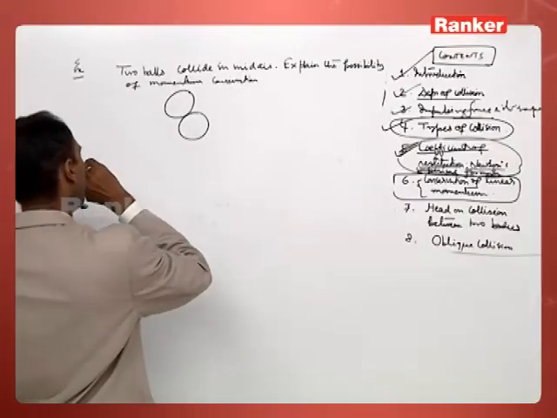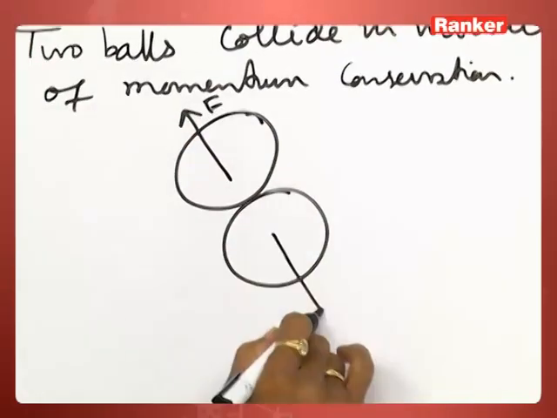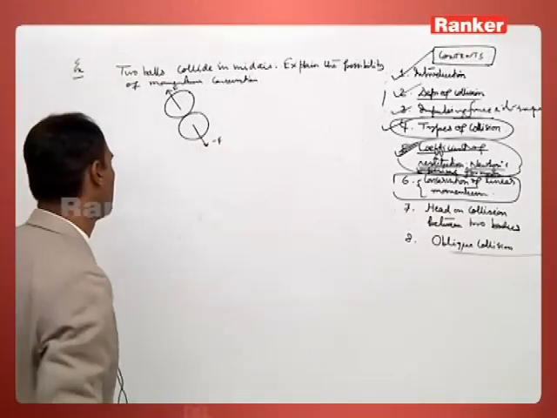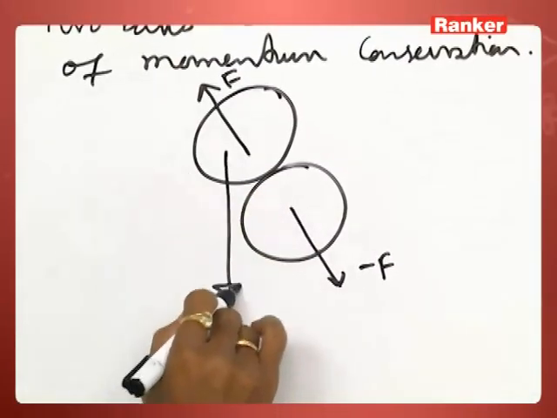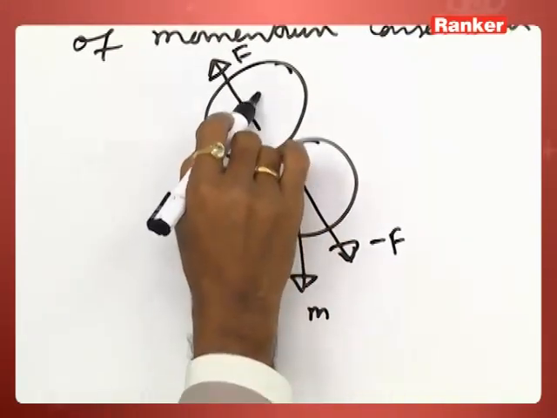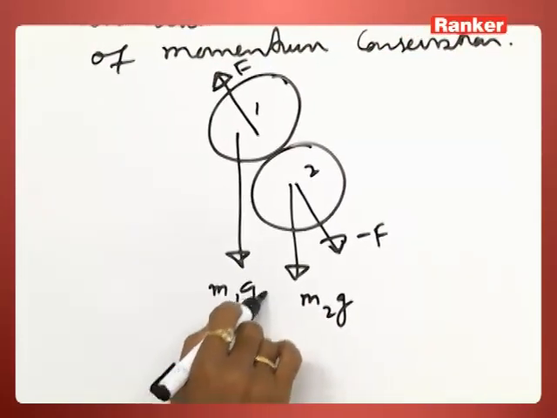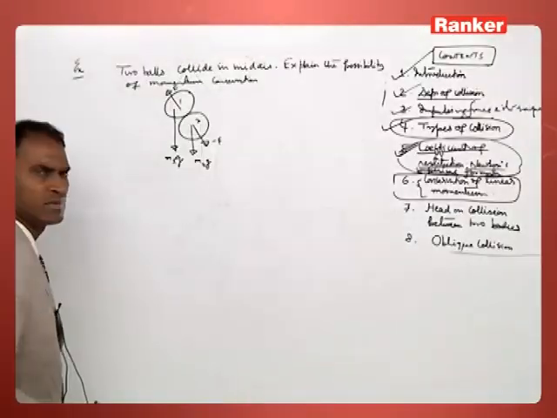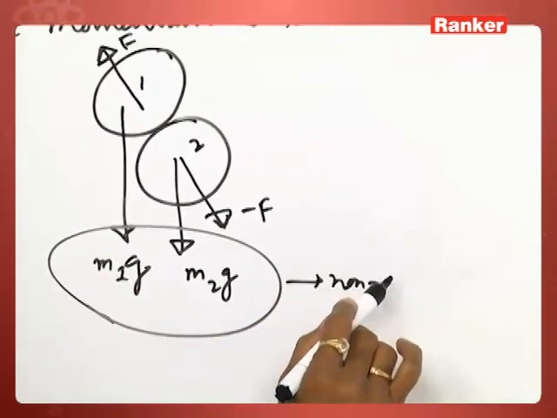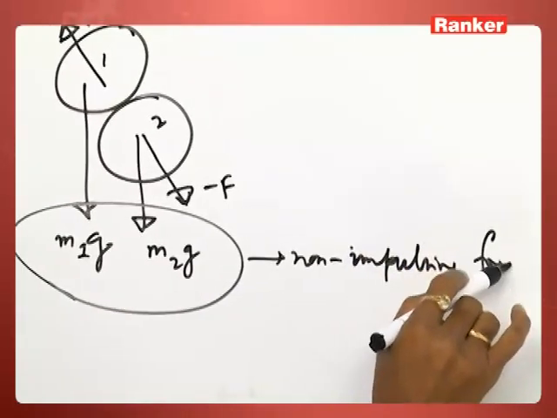When they are colliding in mid-air, the impulsive forces are equal and opposite. In addition to the impulsive forces, we have gravity acting on both the bodies, and these forces are called non-impulsive forces.